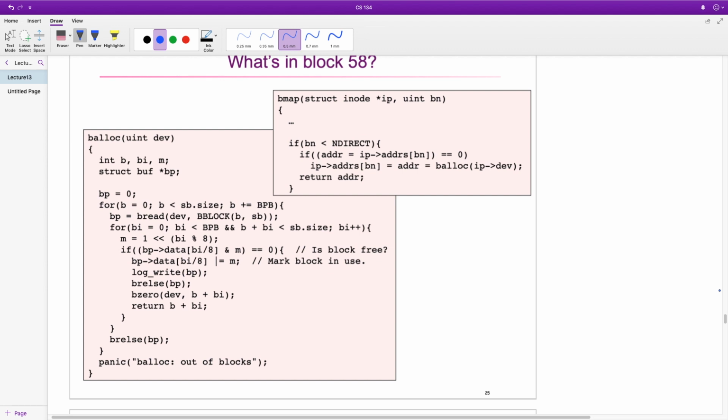And then once we find a free one, we're going to mark it in use. So therefore, the bits are free or in use. Does a 1 mean in use or a 1 mean it's free? In use, because here, marking it in use and we're ORing it in. Yep, so.